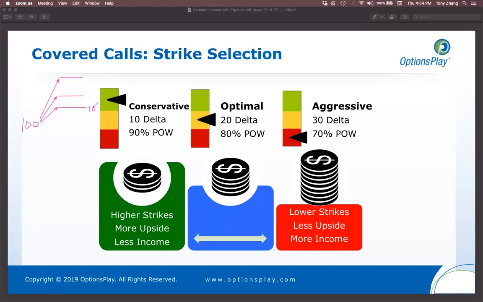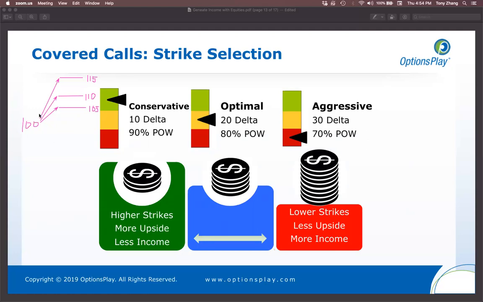A 105 is what I would consider a very aggressive covered call. A 110 is maybe optimal, and a 115 is really conservative, right? The higher I go, the less probability of the stock rallying that amount in the amount of time that I'm choosing. Whether that's a 1-month expiration or a few weeks expiration, the further I go, the less probability of that happening.